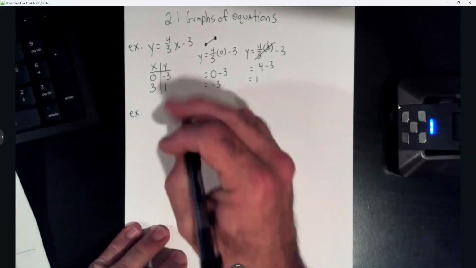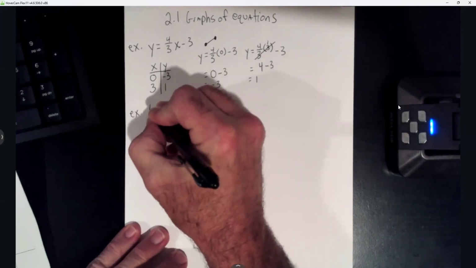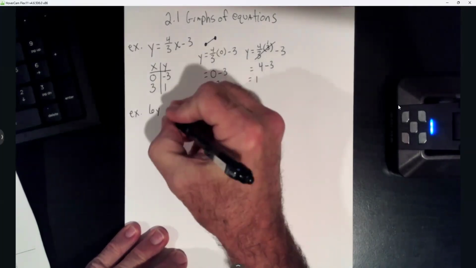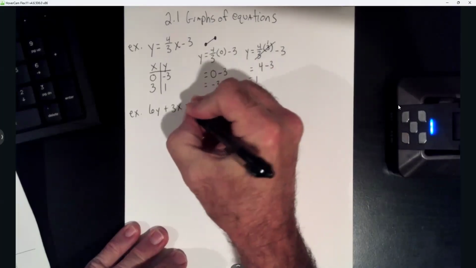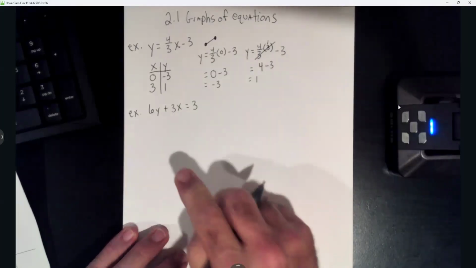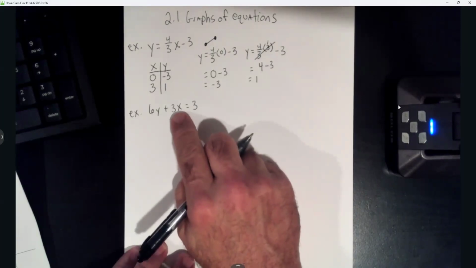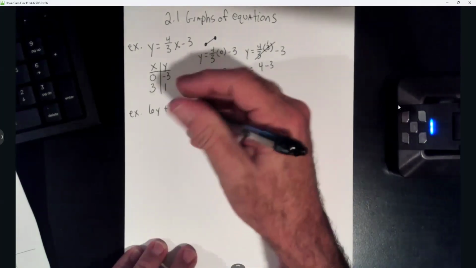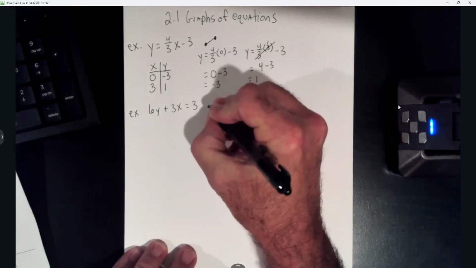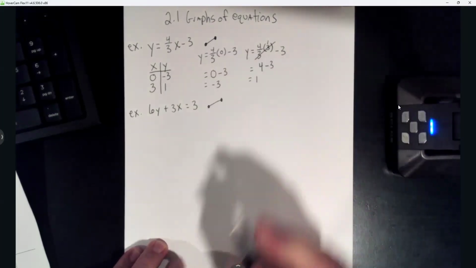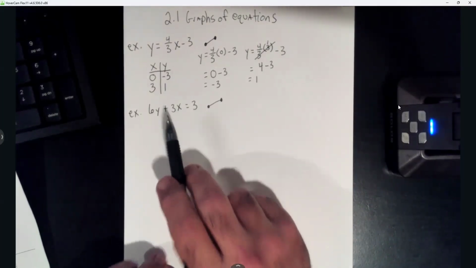Let's see how y'all do on this one. So this next one has a 6y plus 3x equals 3. So it still just has the x in it, so it's still going to be a line graph. But y'all, this one's tricky.